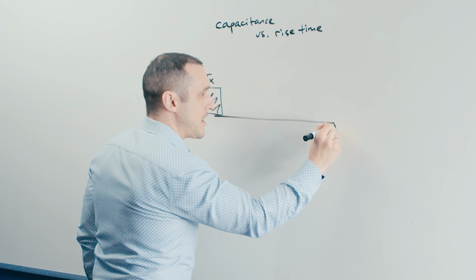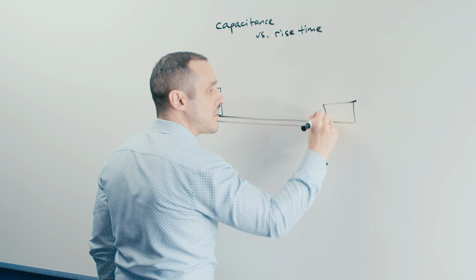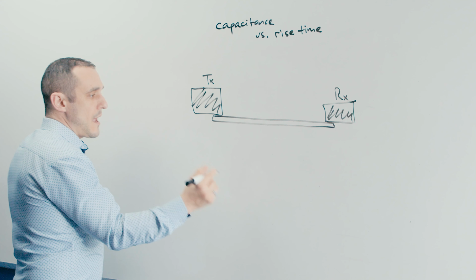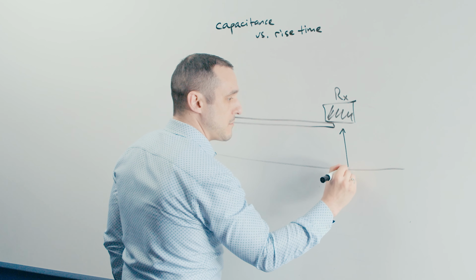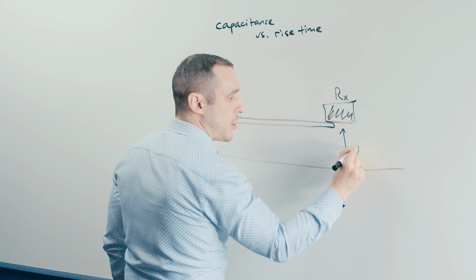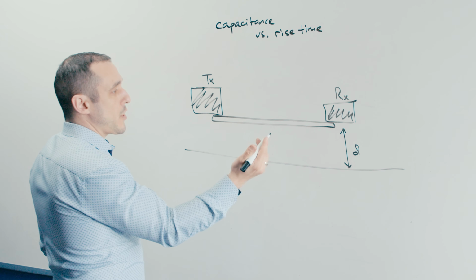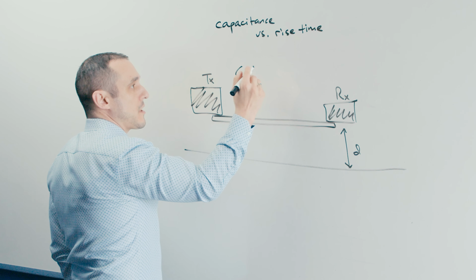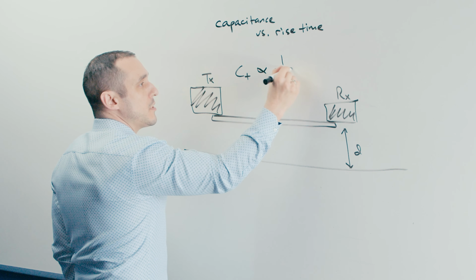It's connected to a trace, and then here I have a receiving component, RX, okay? And then I have a ground plane underneath these, and then there is some distance here, we'll call this D, okay? Now, this trace does have some capacitance, and the capacitance of this trace is roughly inversely proportional to D.